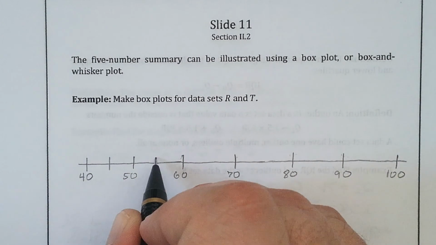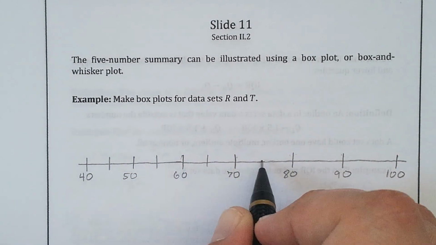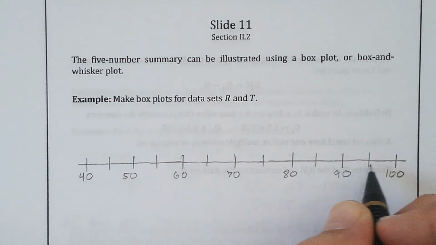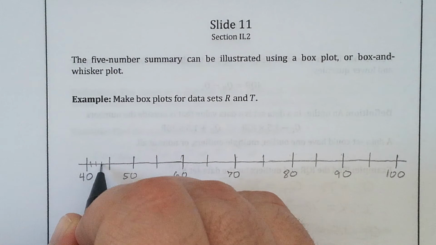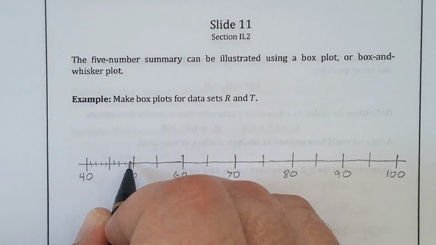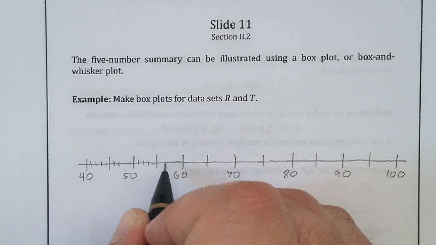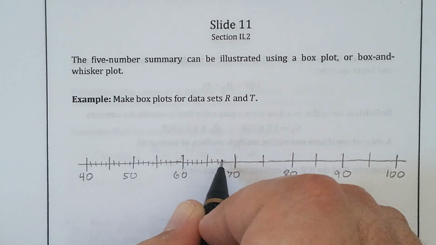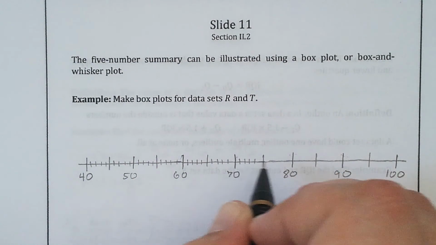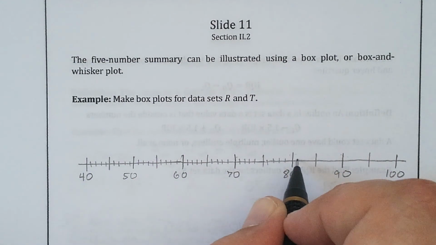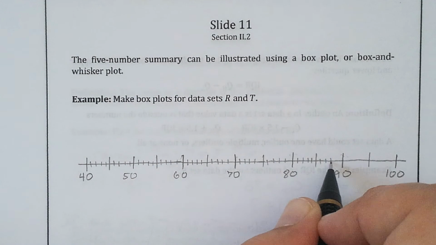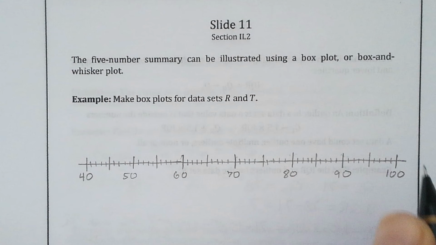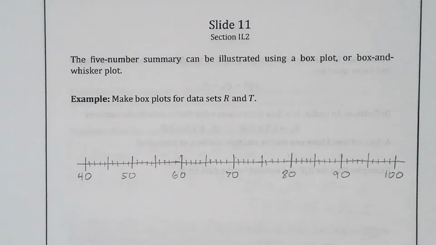So I'll do a longer one for the 5s to make it easier to read this. And we'll add in the 1s, put 4 little tick marks between each of those. So there's our number line.